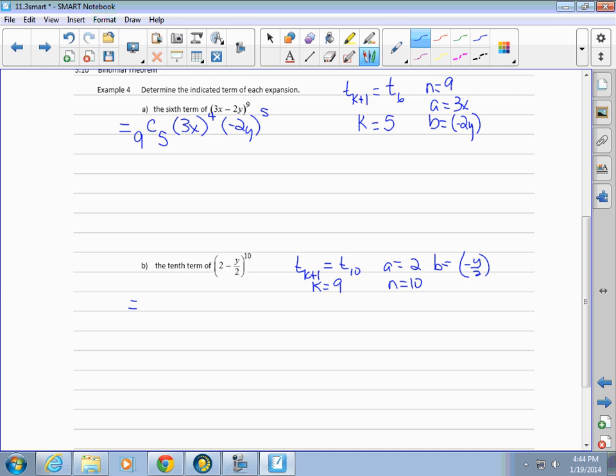So this will equal 10 choose 9. My a value was 2 to the 10 minus 9, which is 1. And my b value is negative y over 2 to the power of 9. Oops. Throwing stuff around here.